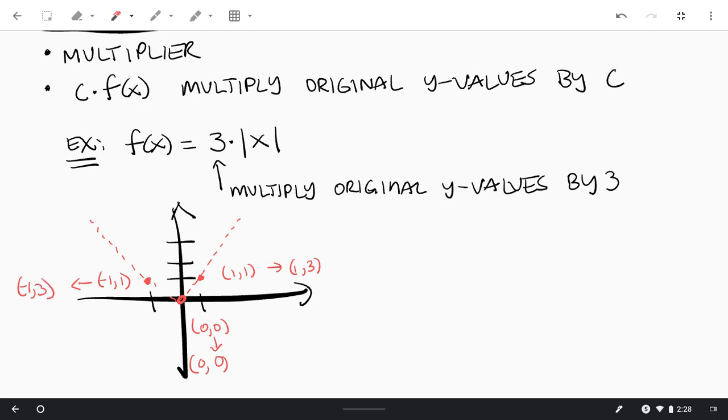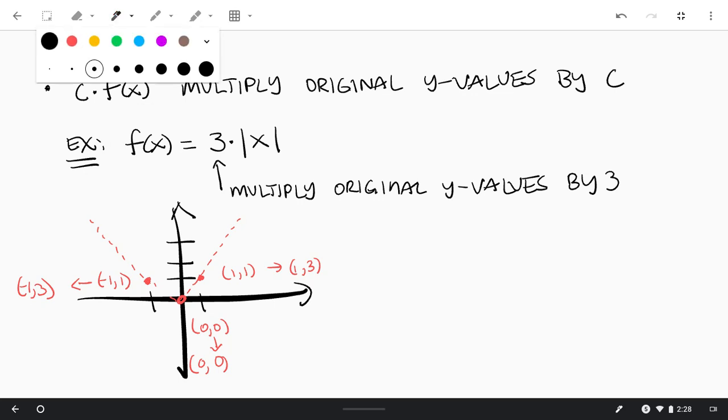Okay, you don't have to show all of this, but I noticed that in the past a lot of students can't see the y values for some reason, and have trouble doing this step in their heads. If you understand what we're doing here, that we're just multiplying the y values by 3, you can go ahead and do that in your head. Okay, if not, feel free to do this part.